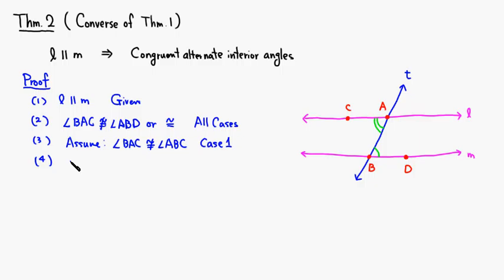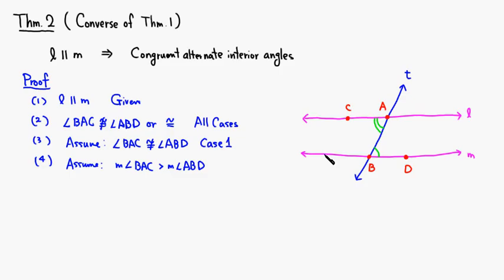I'm going to make an extra assumption that angle BAC has a larger measure than angle ABD. Sorry, this is D and that's D, ABD. So this one is larger.